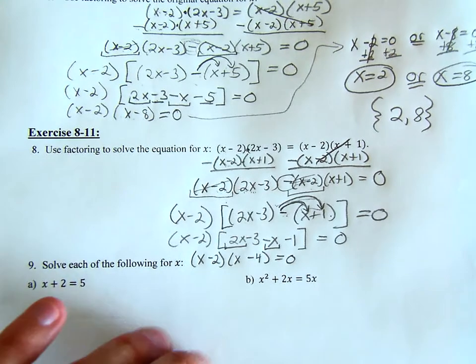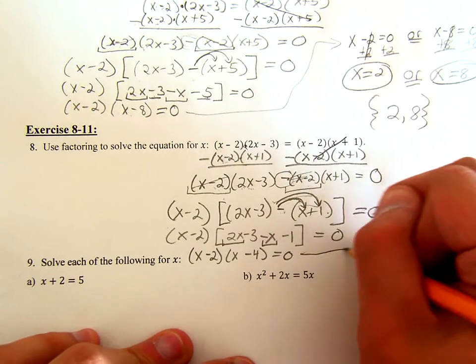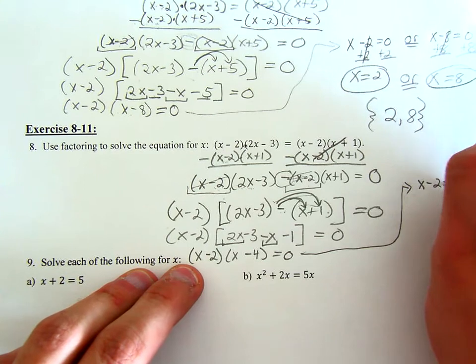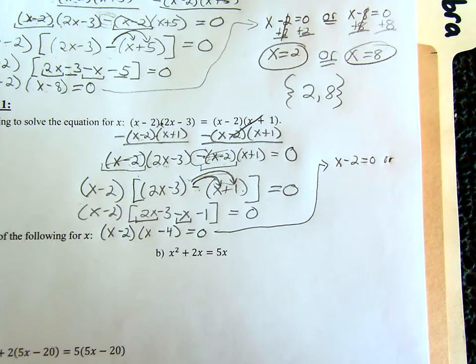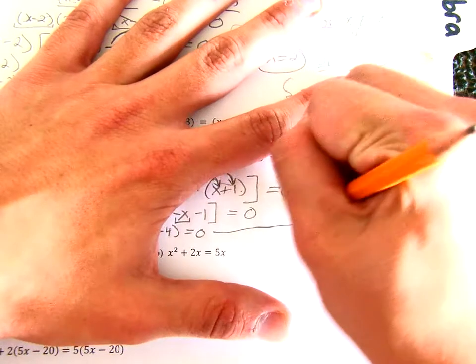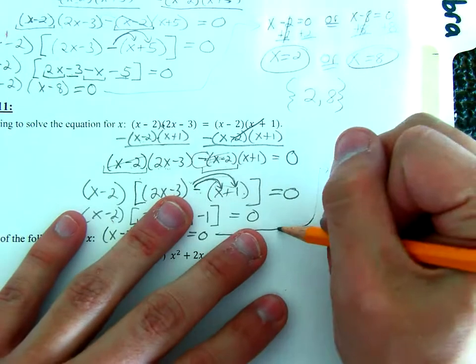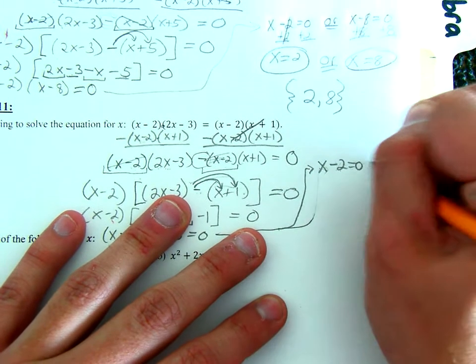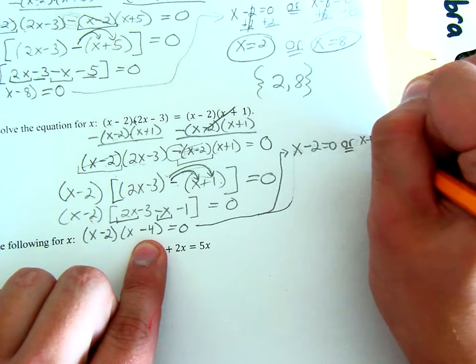So if we have x minus 2 times x minus 4 is equal to 0, what we're going to do is we can have that either x minus 2 is equal to 0, or we can have that x minus 4 is equal to 0.